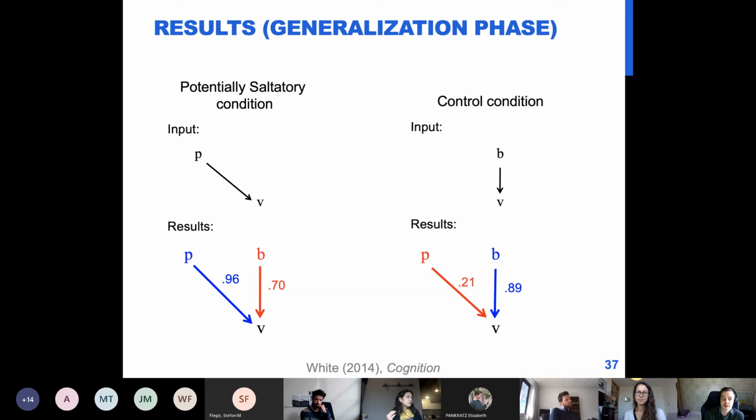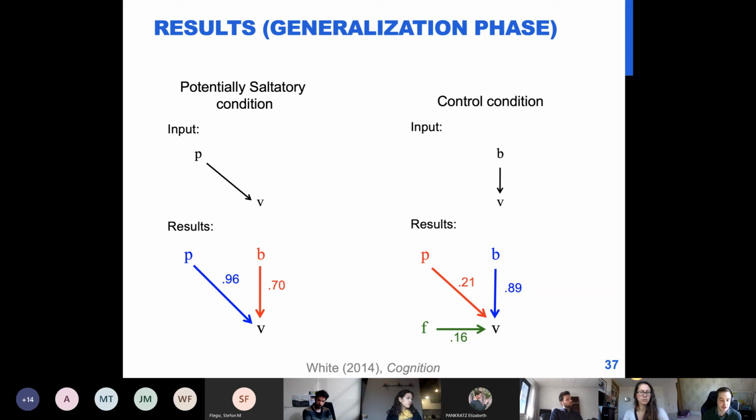So this big difference between how often they change the P in the control condition and how often they change the B in the potentially saltatory condition suggests that there is some kind of influence here of not wanting to have this saltatory system. The other sound that's intermediate here, the fricative, the F, in the control condition, they don't change it.